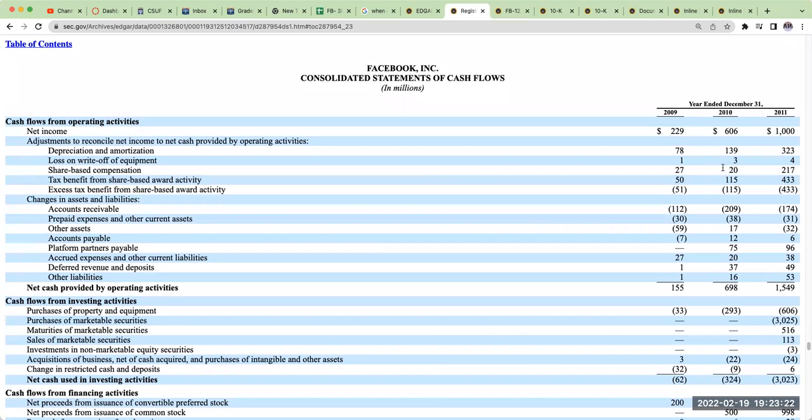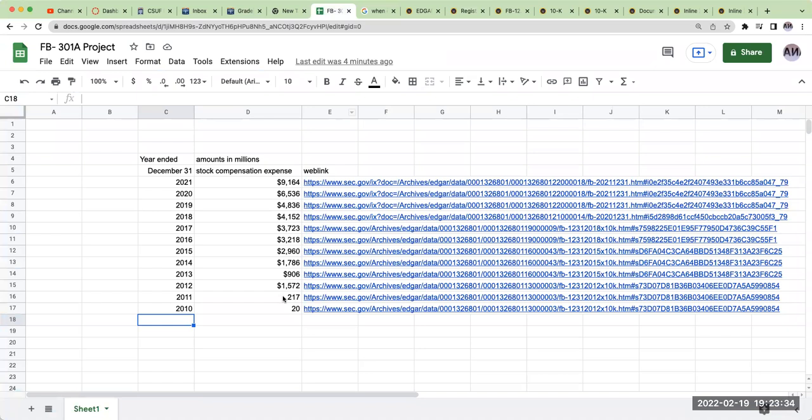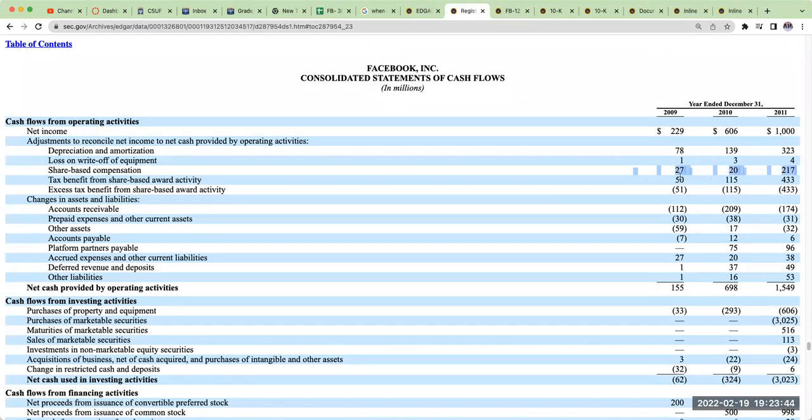Right over here, I see my share-based compensation at 217 million for 2011. Let's take a look at what we had on our financial statements. Well, we had the same thing, and we had 2010 at 20. And then over here, we're going to get one additional year. As we look at this additional year, we found for 2009, it was 27 million.